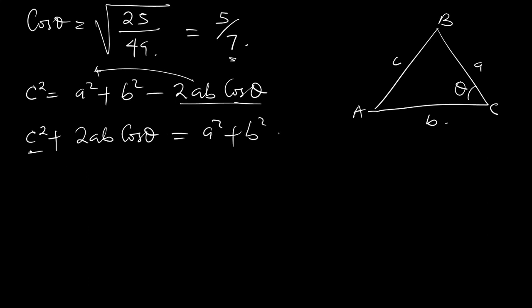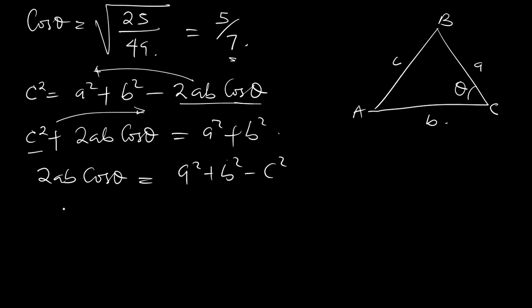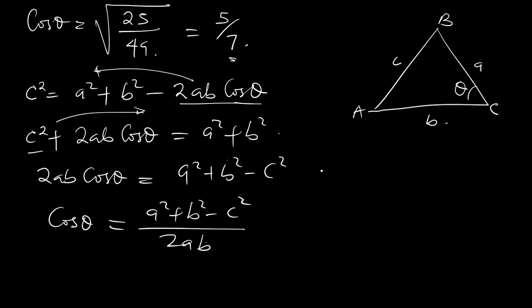Now, if you move this one to the other side, you have 2ab cos theta equal to a square plus b square minus c square. So cos theta will be equal to a square plus b square minus c square divided by 2ab. Now, we know that c is equal to x, a is equal to x plus 1, b is equal to x plus 2.